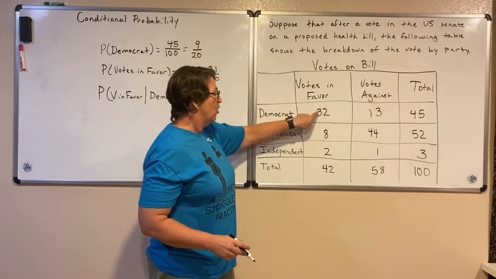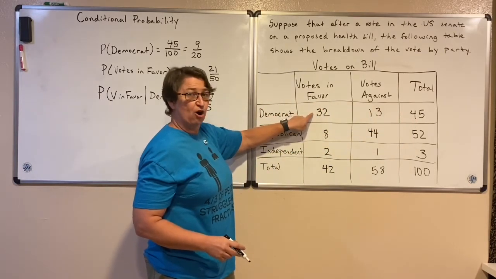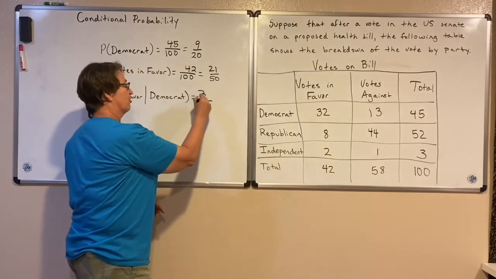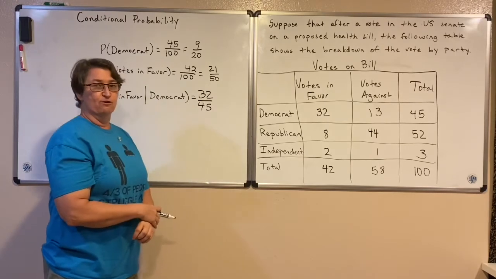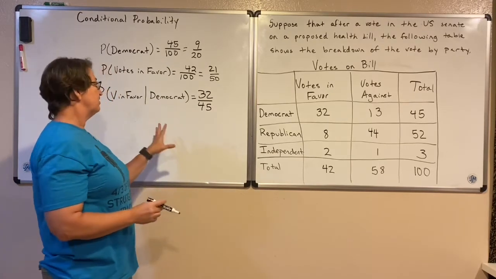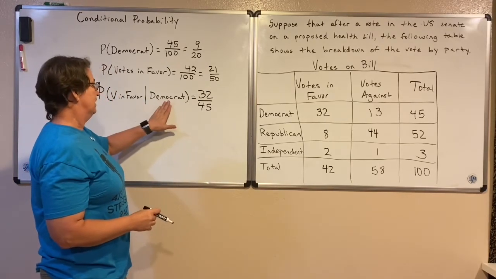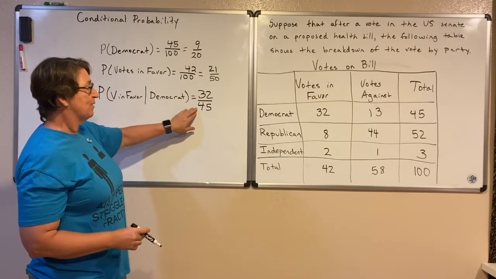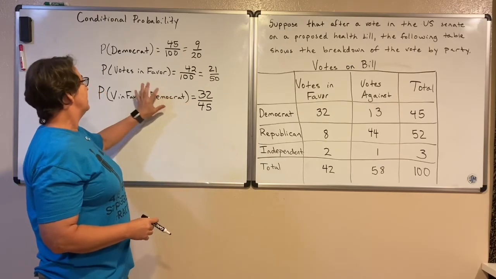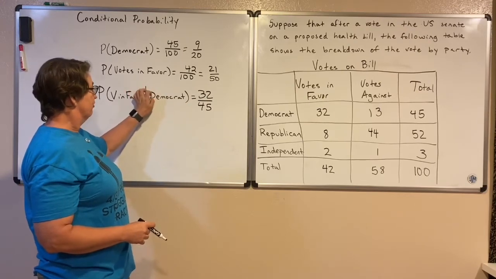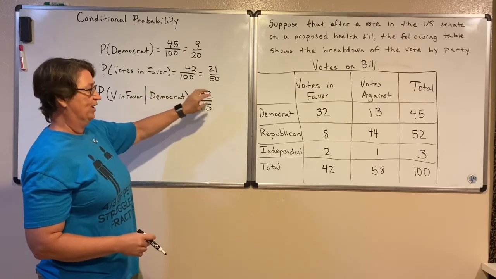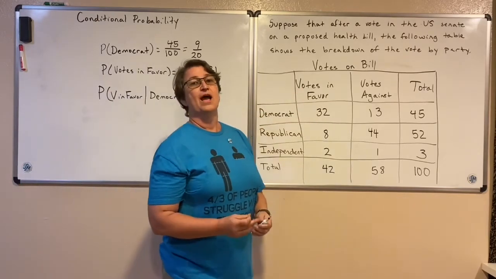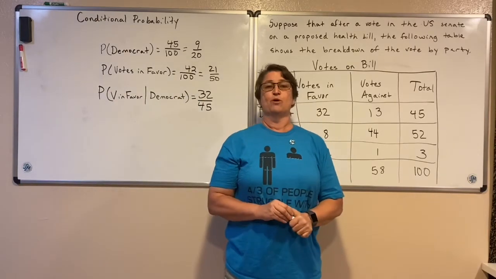And then the ones that are in favor that are those Democrats are the 32. So it's 32 out of 45. So you see with the conditional probability, whatever my condition is becomes my denominator, and then the two together become my numerator. It has to be both of those is my numerator. And that is conditional probability.